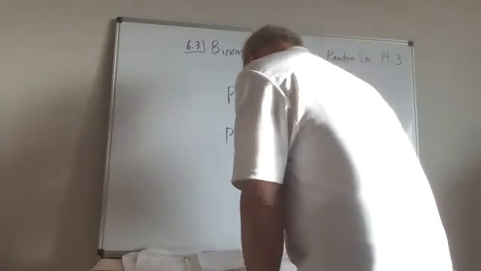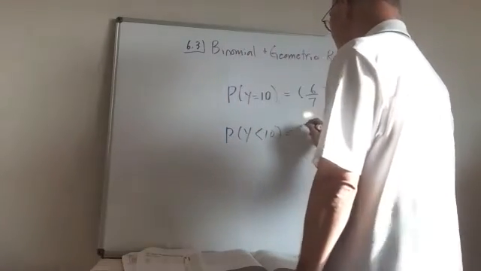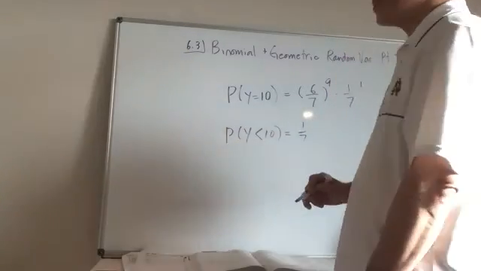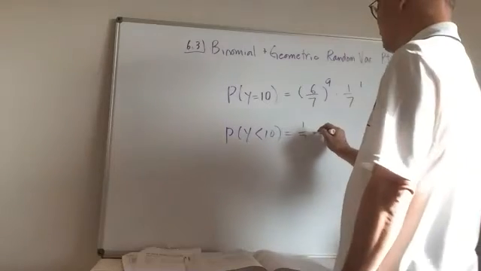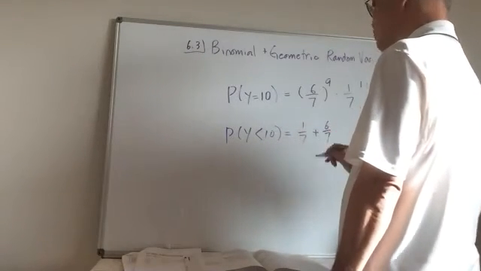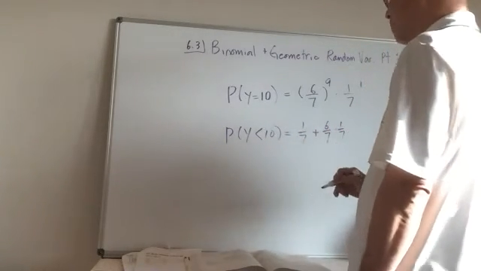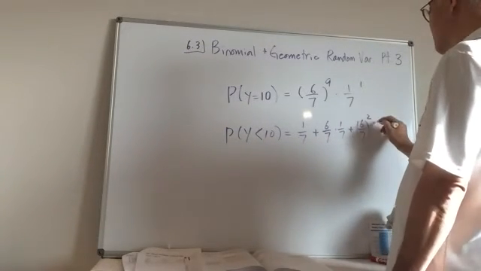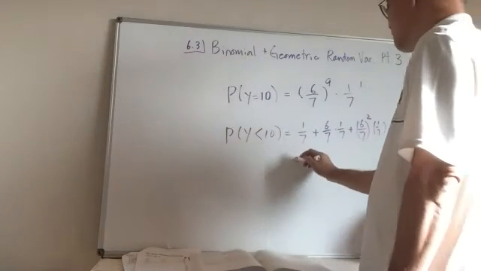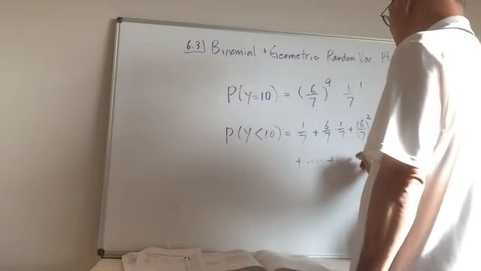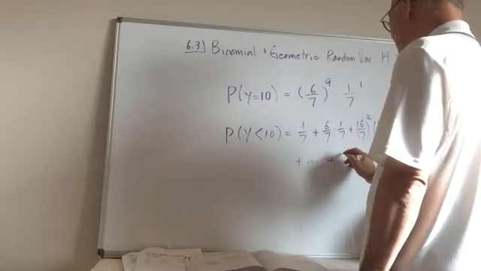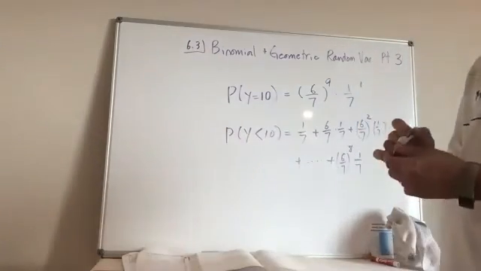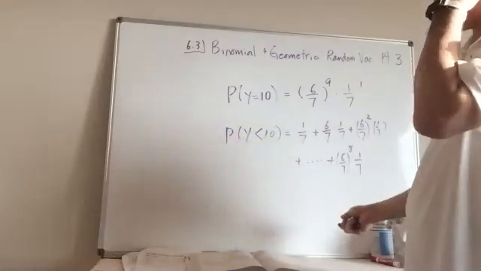Y equals 1 would be succeeding the very first time, which is 1/7. If Y is 2, I failed the first time and succeeded the next time. If it was 3, I failed twice and then succeeded, and so on until the 9th. If I succeeded the 9th time, that means I had 8 failures. So you're adding all this together.